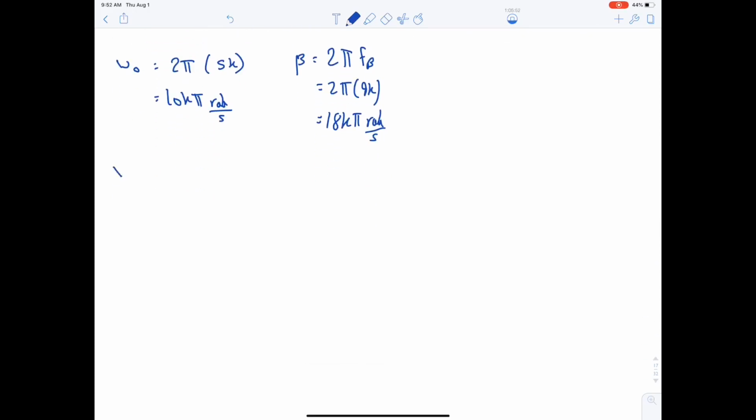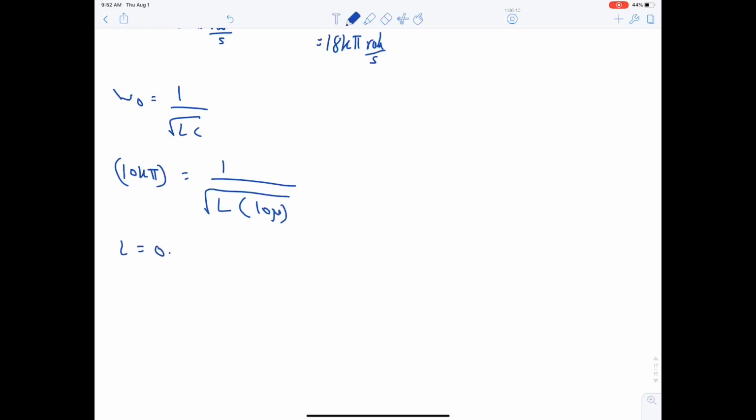Then we know that omega naught is 1 over square root of LC. Omega naught is 10 kilo pi. Okay, L is unknown, but C is 10 micro, so you can find L and it will be 0.101 millihenry.